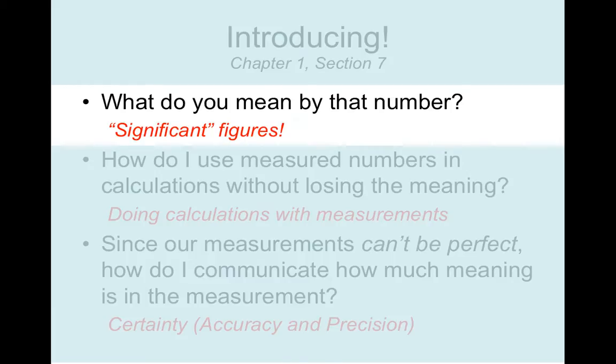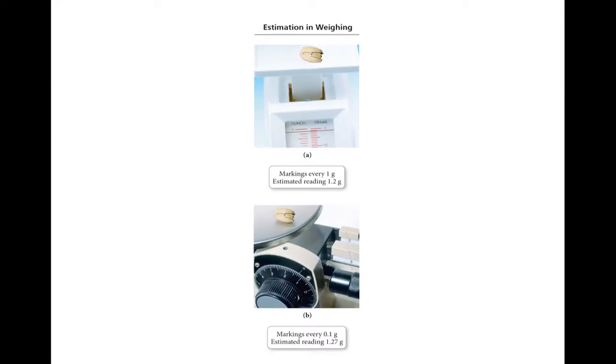So let's look at this. Now, if you're weighing some, looks like this, I don't know if this is a walnut, I can't tell what this is, some kind of nut here, okay? If you're weighing that and you've got some apparatus that gives markings every 1 gram, then your job as a scientist is to measure out to the tenths of a gram, or rather to estimate to the tenth of a gram.